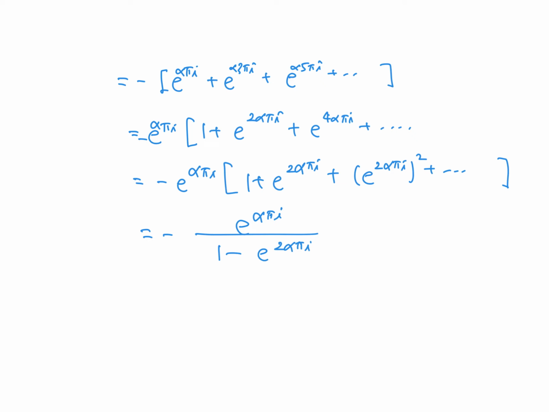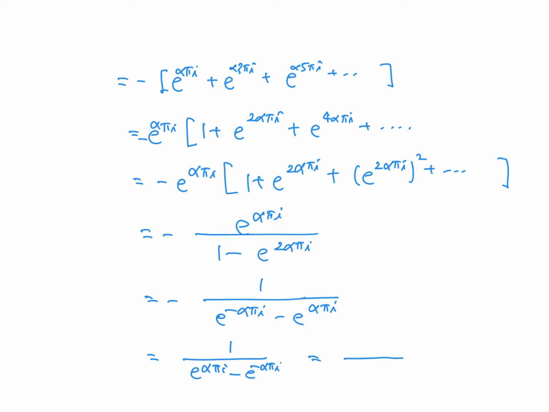And you can divide: minus exponential alpha pi i over (1 minus exponential 2 alpha pi i) becomes 1 over (exponential minus alpha pi i minus exponential alpha pi i). And you can change sign, minus minus, it becomes 1 over (exponential alpha pi i minus exponential minus alpha pi i). And this is very nice. This is what? 2i times sine alpha pi. That's your residue sum.